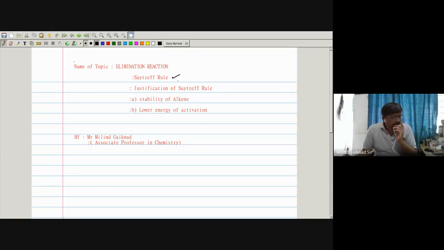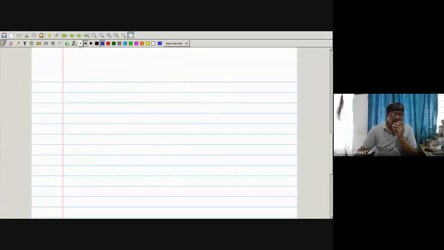So last time we discussed the Saytzeff rule. Today let us see the justification for the Saytzeff rule. The justification can be explained by using stability of alkene and energy of activation.